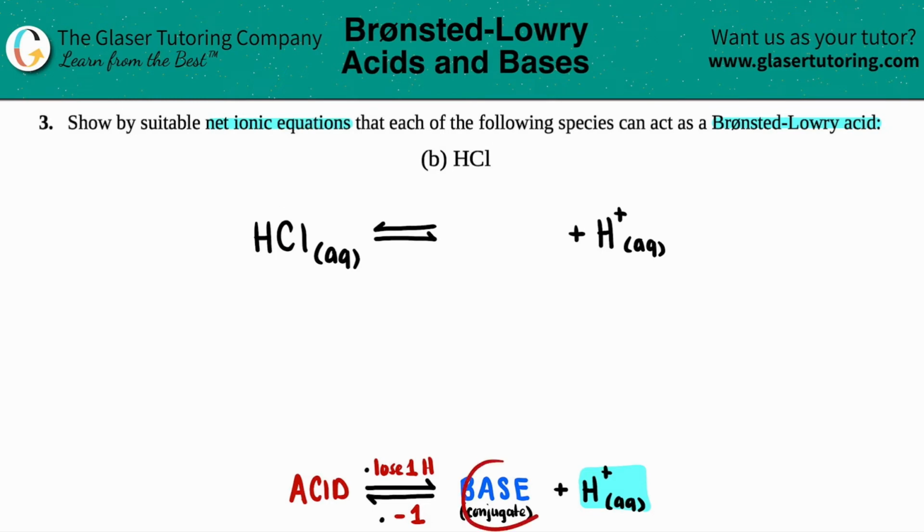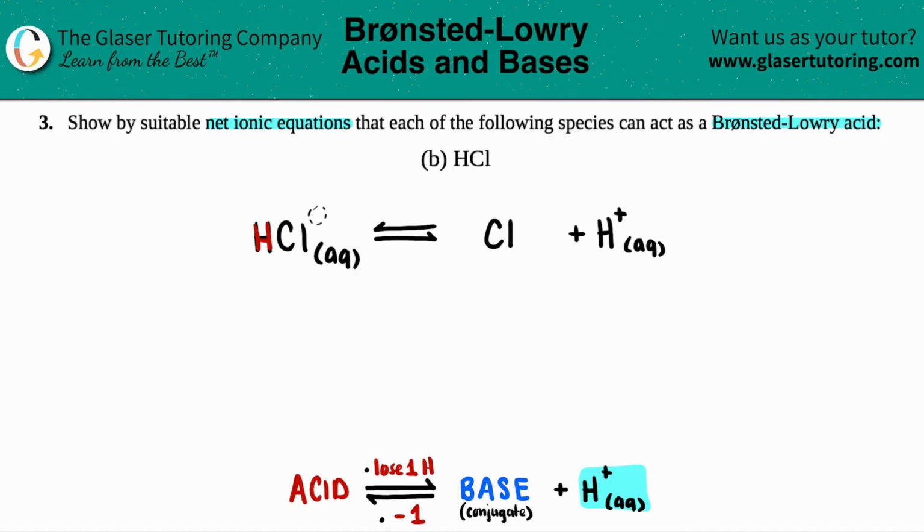Well, in order to find the conjugate base, and conjugate just means that it's on the product side, there's two things that you have to do. The first thing is you got to lose one H from the compound. But since there was only one H and you lost it, you now just have Cl. The second thing that you're going to do is minus 1 to the charge that you saw in the beginning. But when I look here, there was no charge.